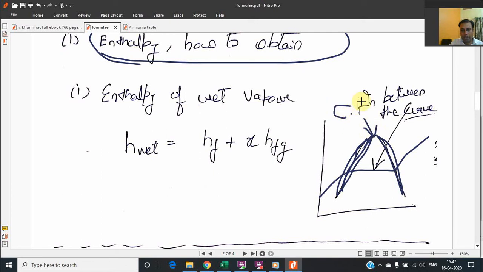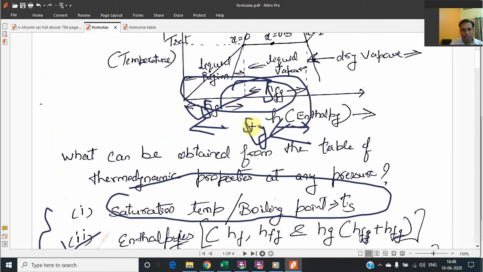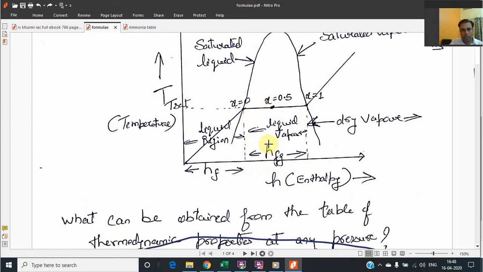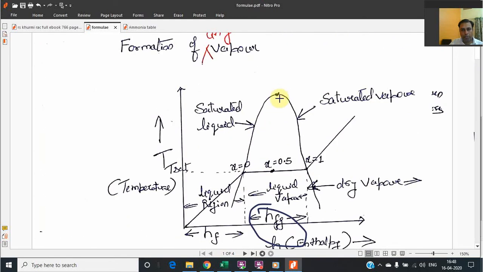At this point, what used to happen? No latent heat is required, means HFG will reduce. HFG has a value, this much value was there for HFG, it was shown to you. If at this point, what will happen?